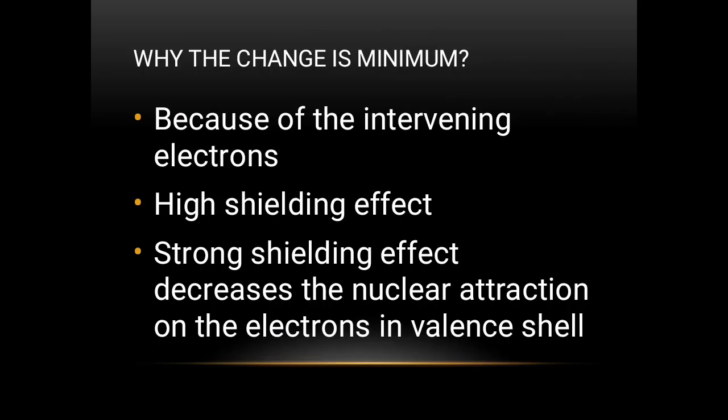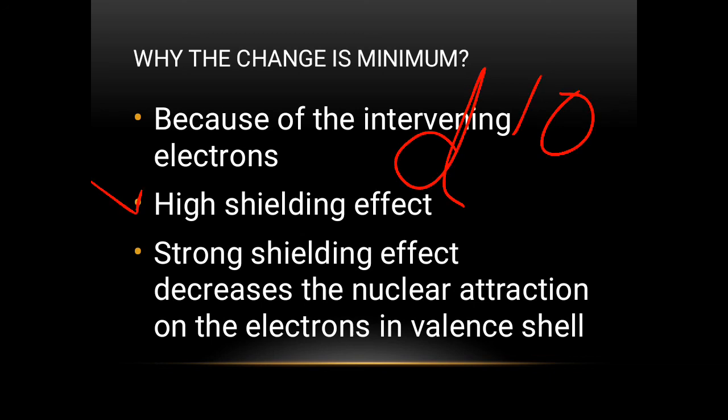Again a question comes, why is there not much difference? Because of the intervening electrons. You know, d subshells have 10 electrons, a greater number of electrons to deal with, and due to this many electrons, they experience a high shielding or screening effect.